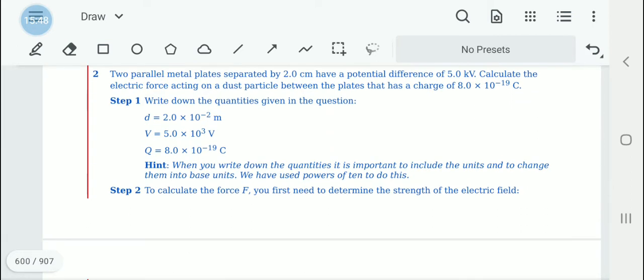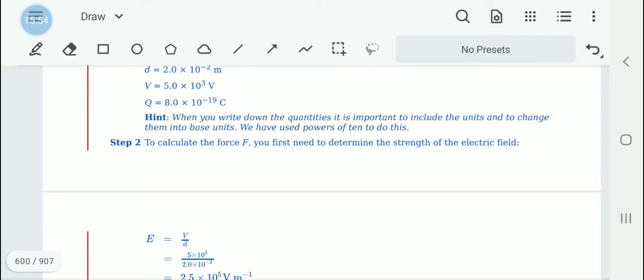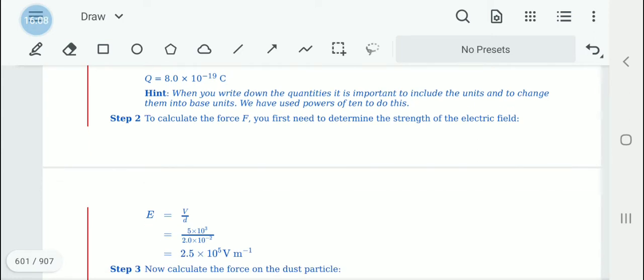Then after we have turned all of them into base units, we have to calculate the force F by taking the appropriate equation. But we cannot calculate the force directly. We have to find E first. Then what we do is we use the equation E equals V upon d, and we get 5 into 10 to the power 3 divided by 2 into 10 to the power minus 2.